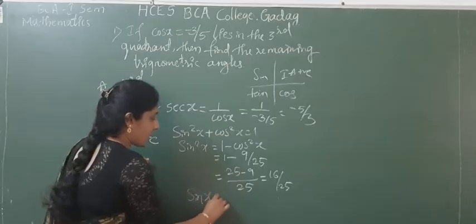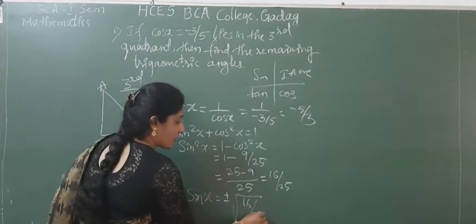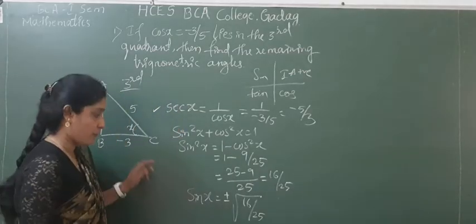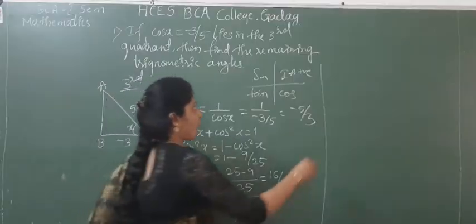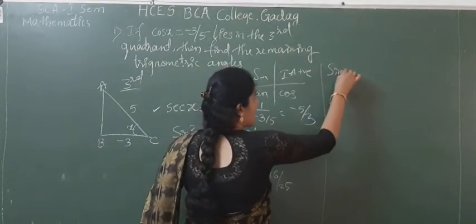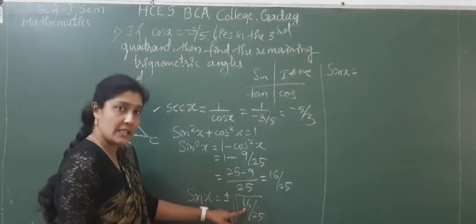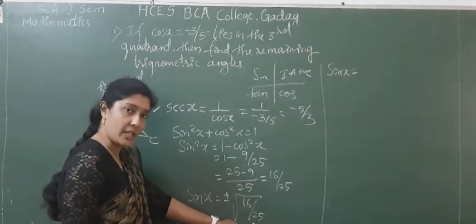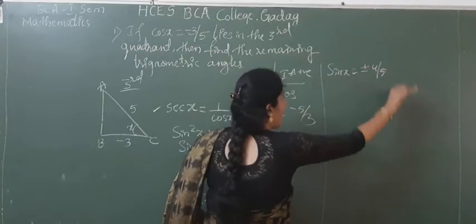Therefore, what is sin x? Plus or minus under root 16 divided by 25. Square root of 16 is 4, square root of 25 is 5, therefore it is plus or minus 4 by 5.